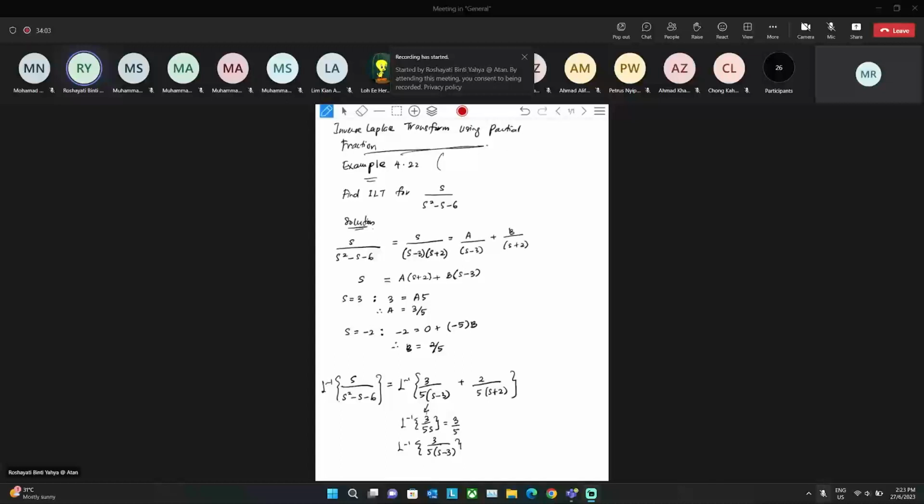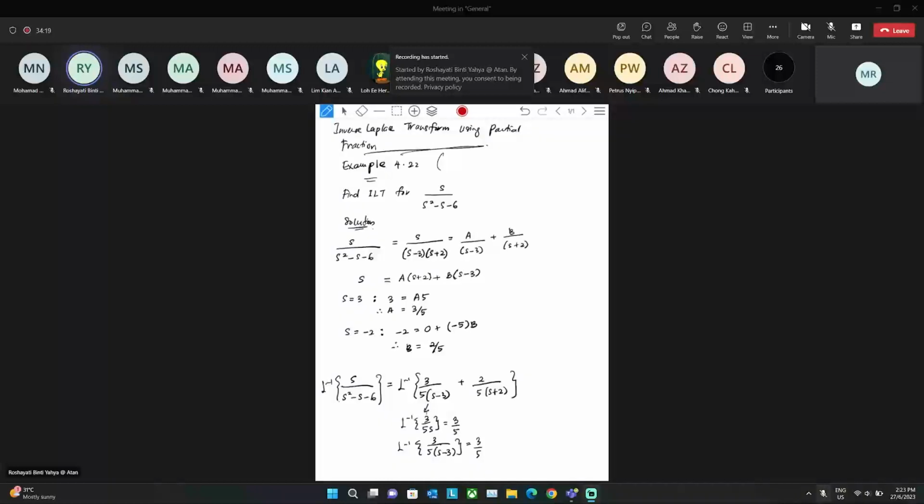First or second shift property? First, because we don't have an exponential of s, so this is the first shifting property.